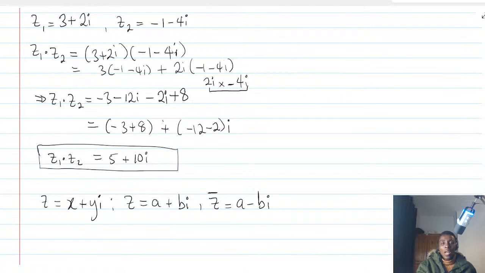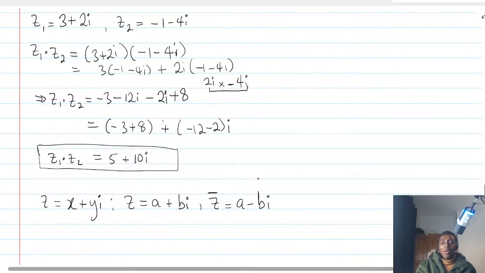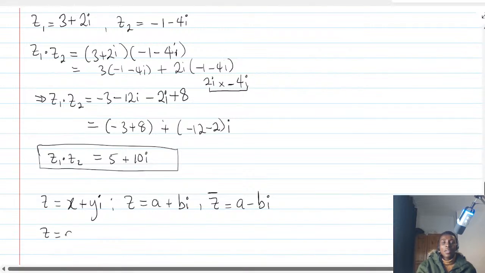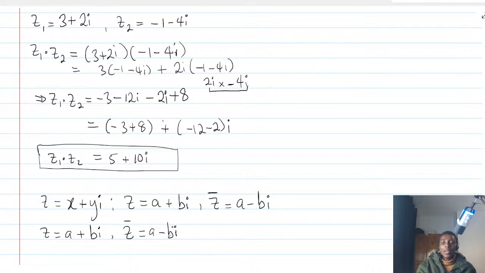All right. I want us to take some examples. First of all, let's multiply a complex number by its conjugate. So let's say I have a complex number a plus bi, and then I have a conjugate a minus bi.